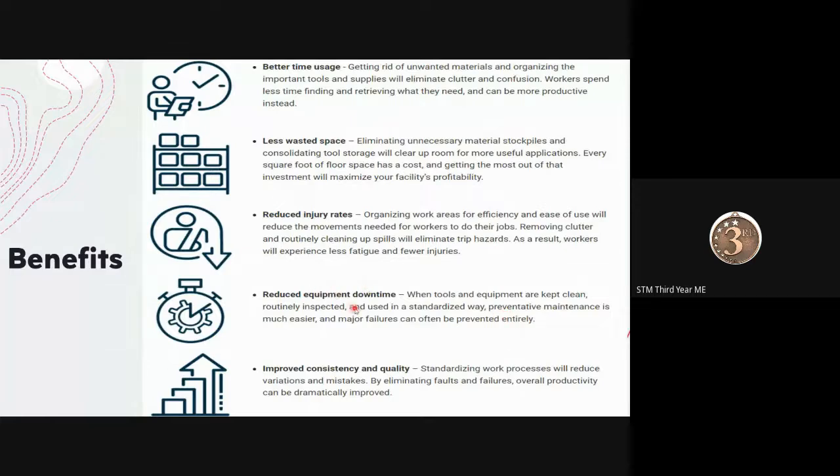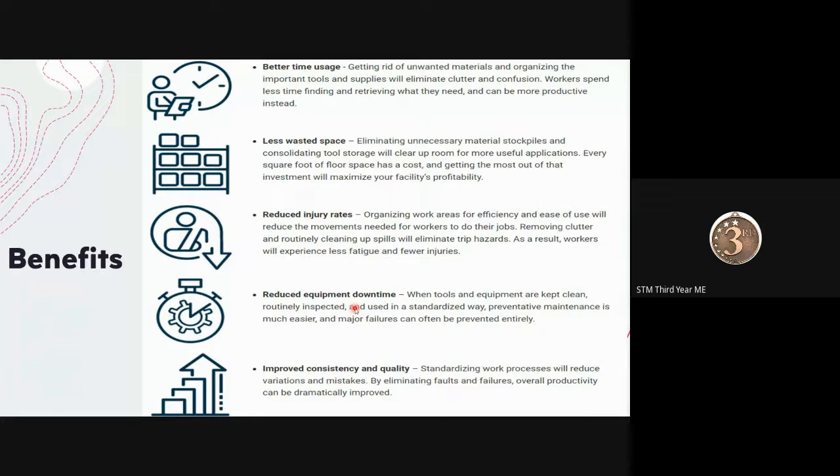It is nothing but the time in which the equipment is kept at a still position. Such positions only happen when you are stopping the work, or if the equipment has some sort of fault. So for that purpose, we are doing preventive maintenance on the machine, so that it does not shut down during operations. So that is what comes under reduced equipment downtime.